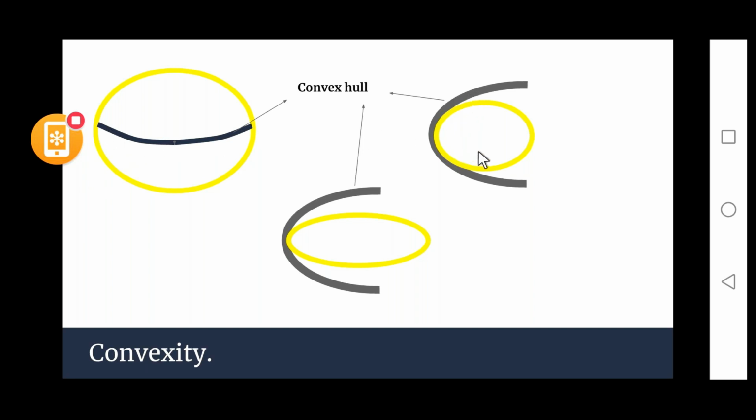Now if you can see in this image, this is a less convex cornea. That means you see that the hull is touching the cornea at more regions, whereas on the lower side the cornea is more convex, like an oval shape.